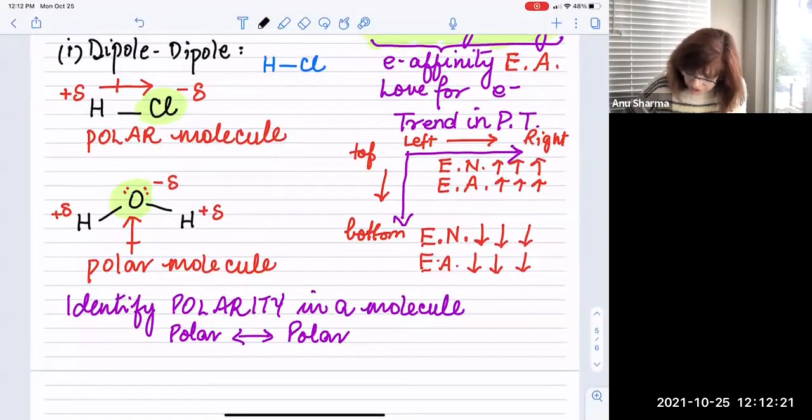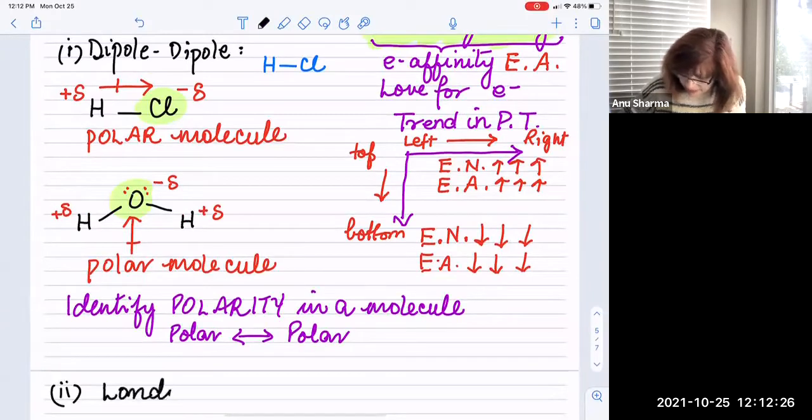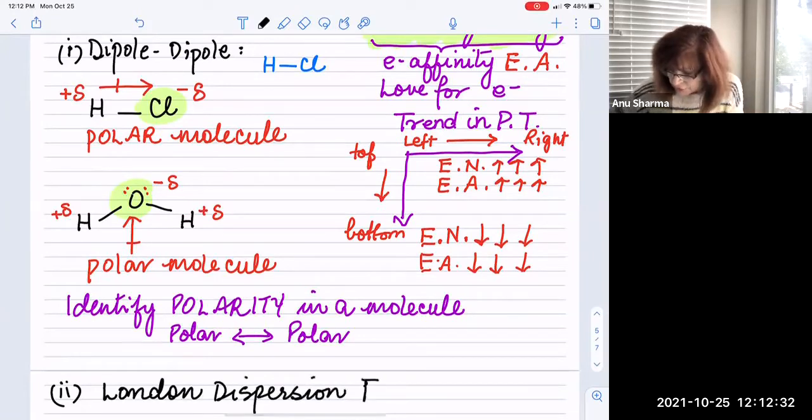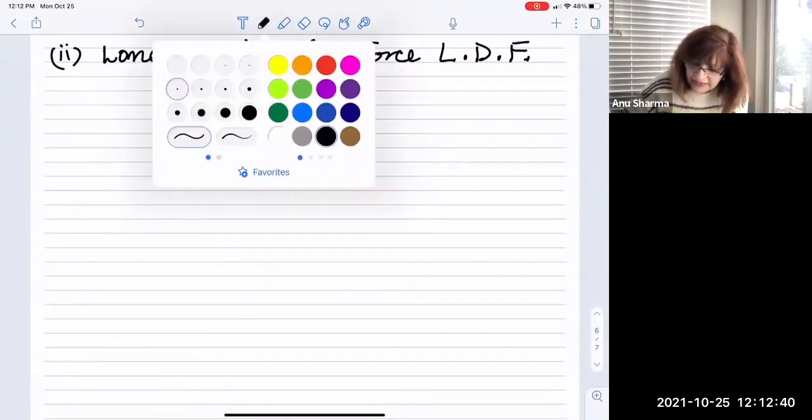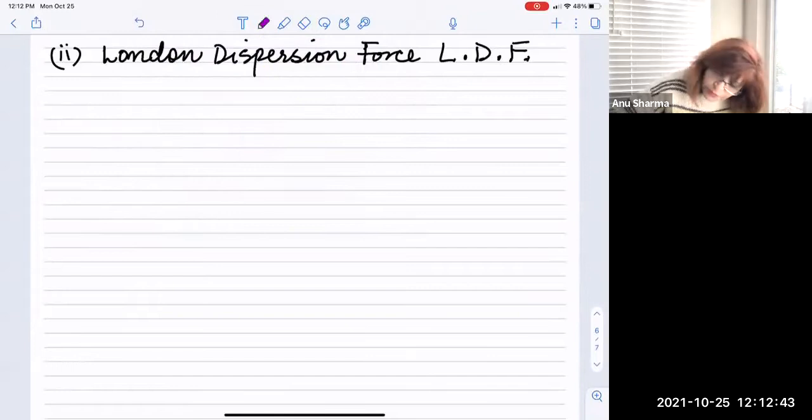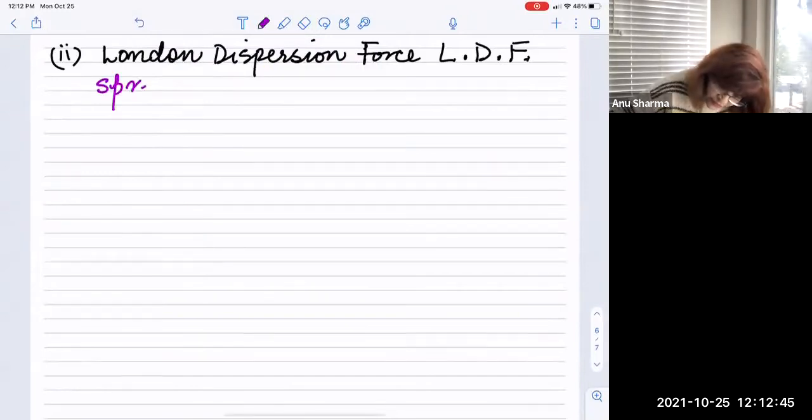Next is the London dispersion, which applies to the non-polar. London dispersion forces, LDF. Now what's happening in London dispersion forces? This is nothing but a spread of electron cloud.